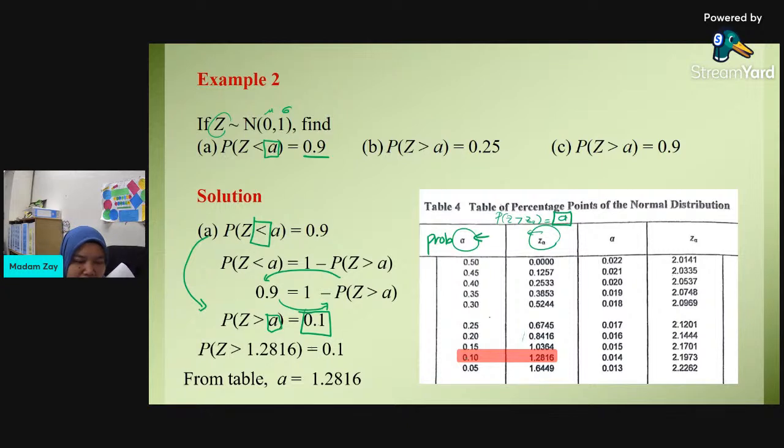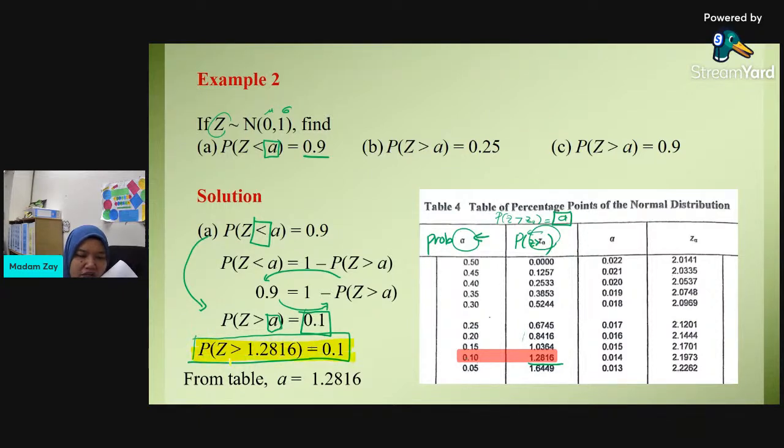So Z can be any value. So here, if A is 0.1, the probability is 0.1, it is when the probability of Z more than ZA, where ZA equals 1.2816. This is from the table. This statement is from the table. We read it from this table.